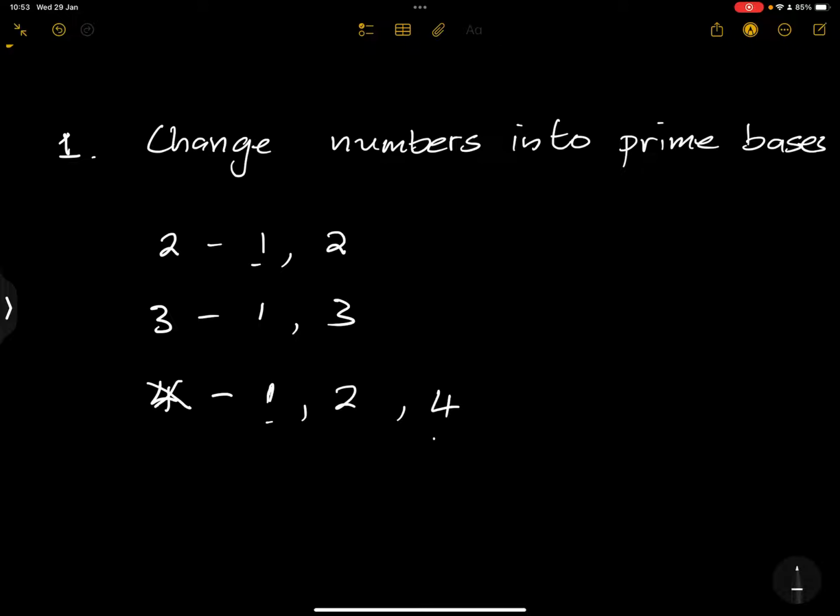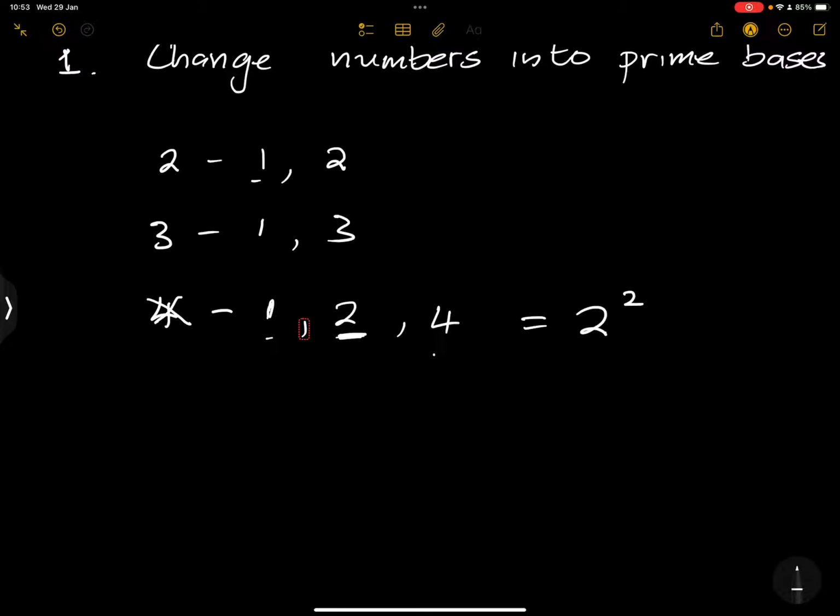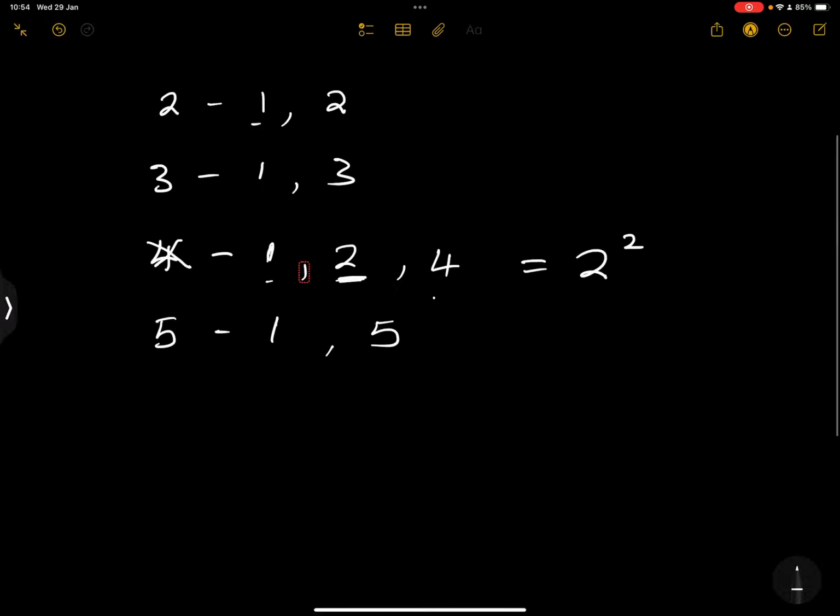However, what are the prime factors of 4? There's only one prime factor, and that is 2. So how can you convert 4 into prime bases? Well, you can write it as 2 times 2, or just simply write it as 2 squared. So please note that. If I take 5, 5 is a prime number that has 1 and 5 as factors.